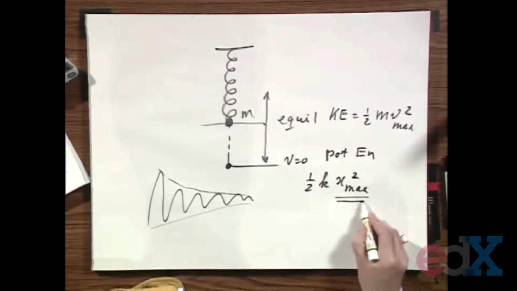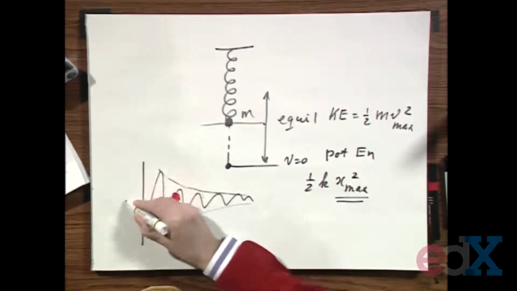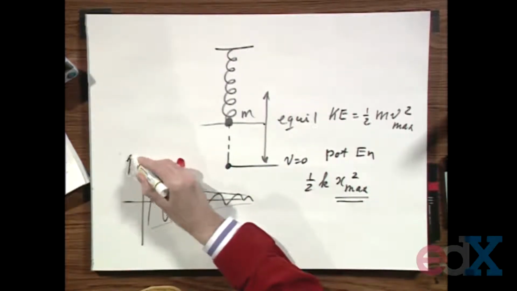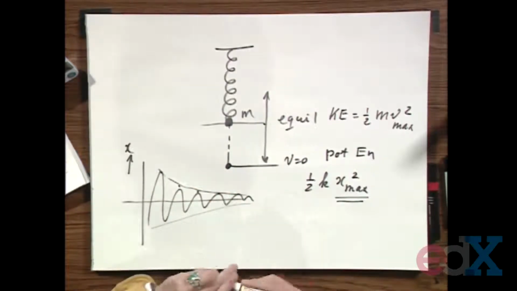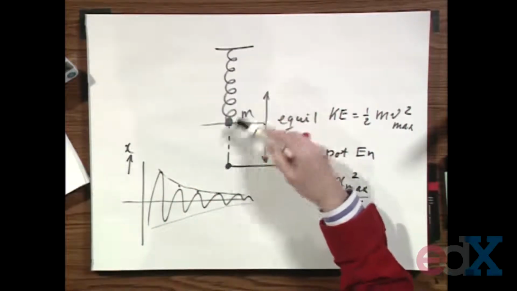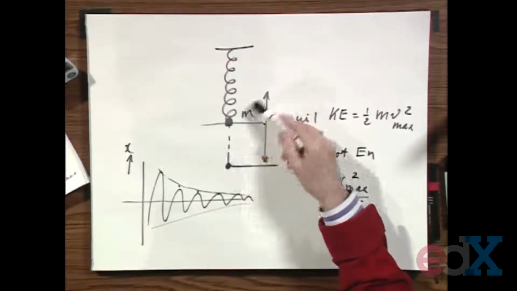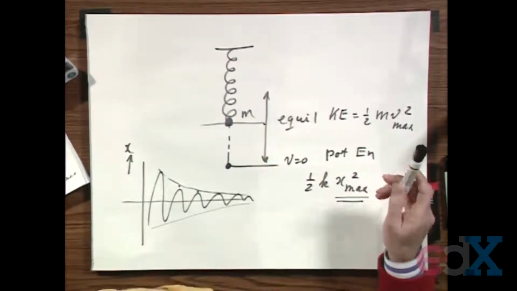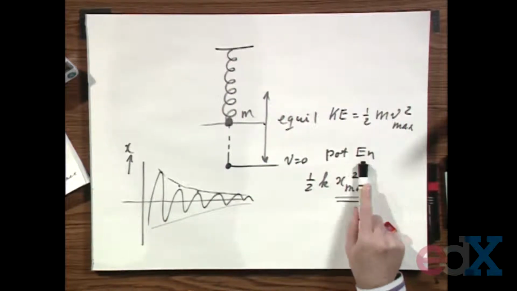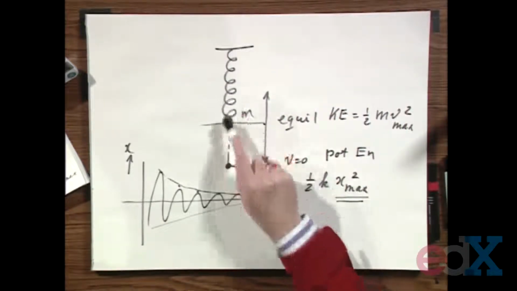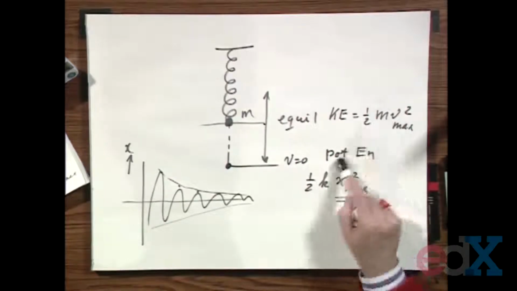And of course this x max slowly decays in time. But what you see here is interesting. You see a sloshing back and forth between, on the one hand, all the energy in terms of kinetic energy, and then later everything in potential energy. And when you're anywhere in between, you have a combination of these two.